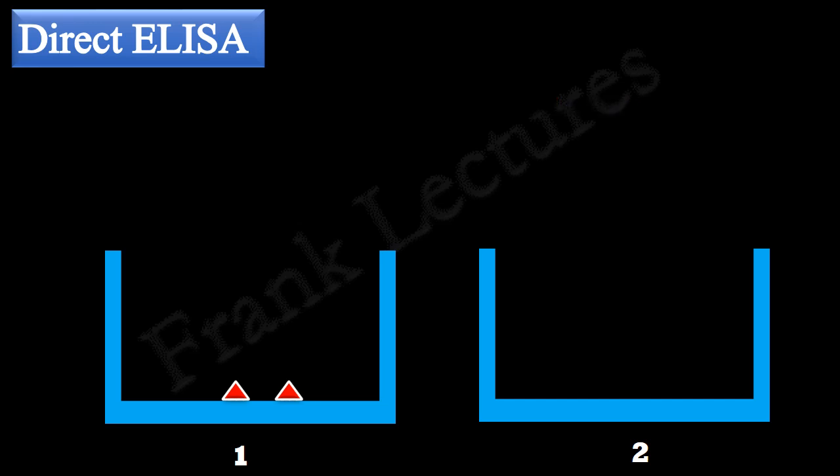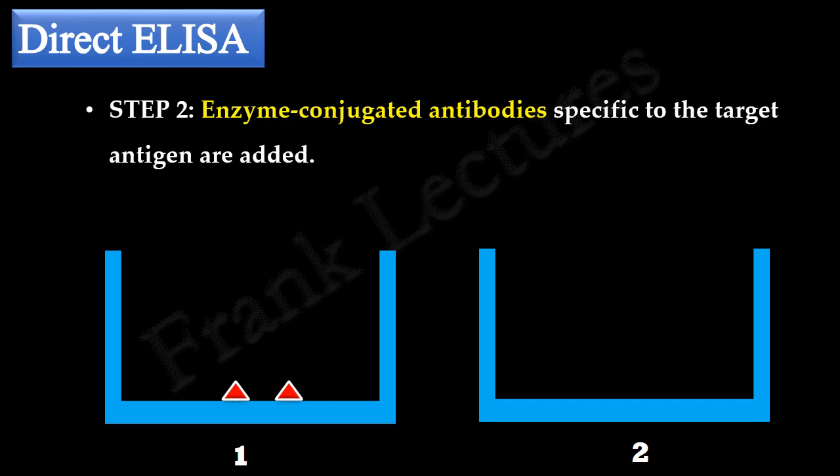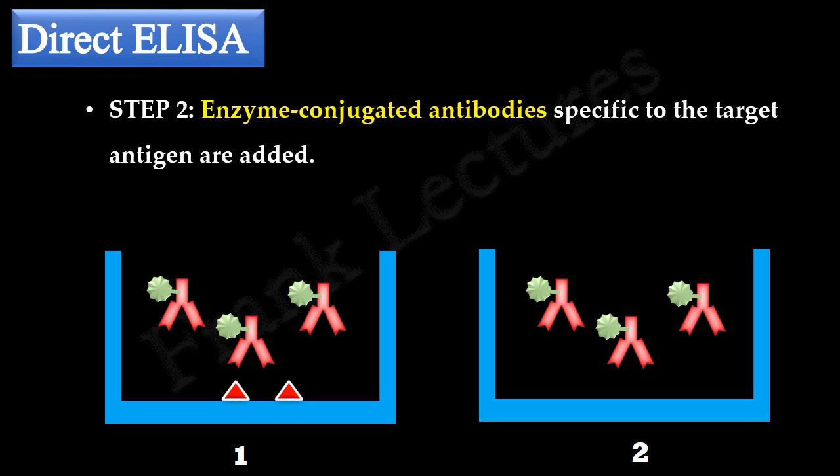In the second step, enzyme-linked antibodies specific to the target antigens are added in each well. These enzyme-linked antibodies will bind to their specific antigens in the well, if they are present. Thus, here you can see that antigen-antibody binding takes place in the first well, and no antigen-antibody binding takes place in the second well.